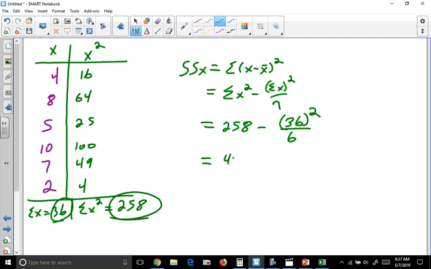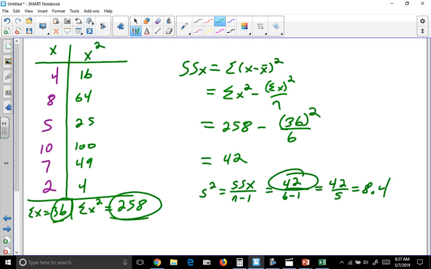So for that, we get 42. So if we want our variance, it's the sum of the squares divided by n minus 1, so 42 divided by 5, which we've already done. 42 divided by 5, we said that was 8.4.